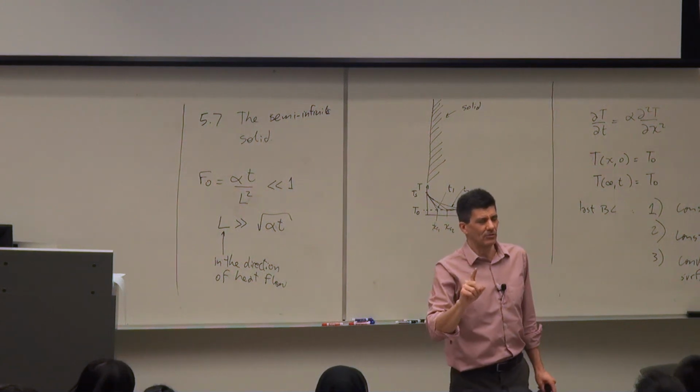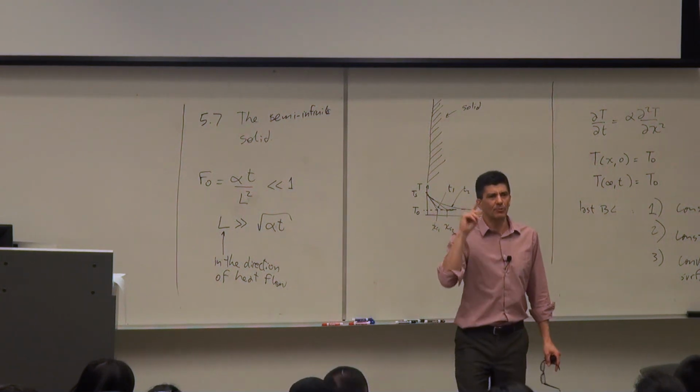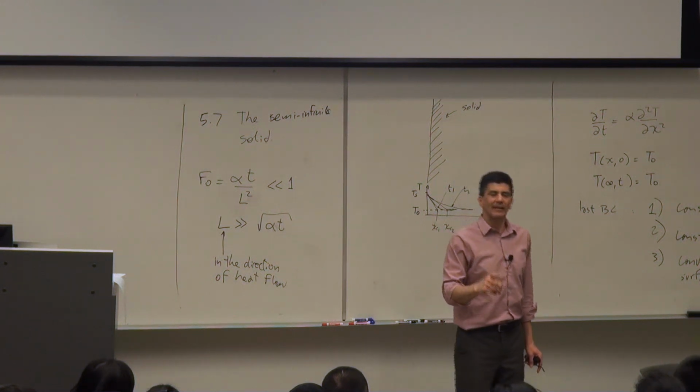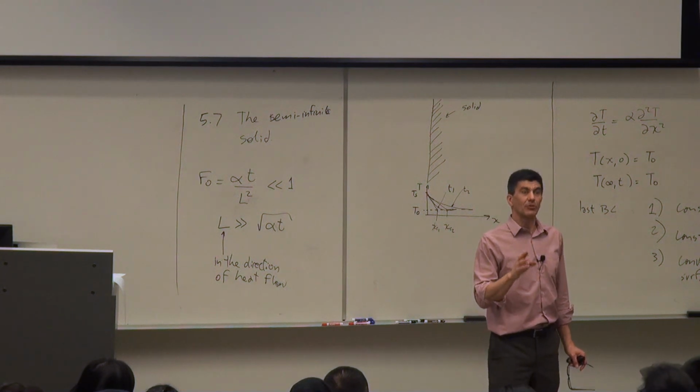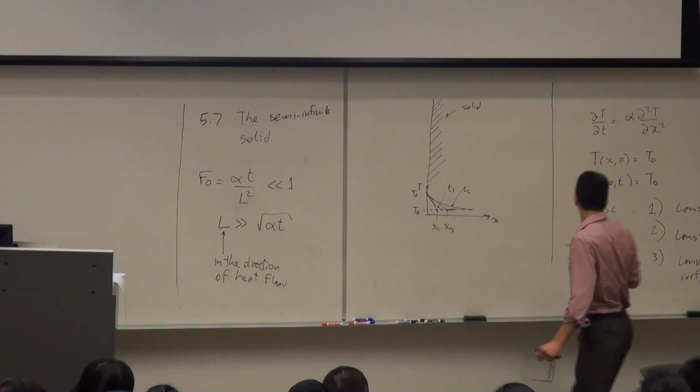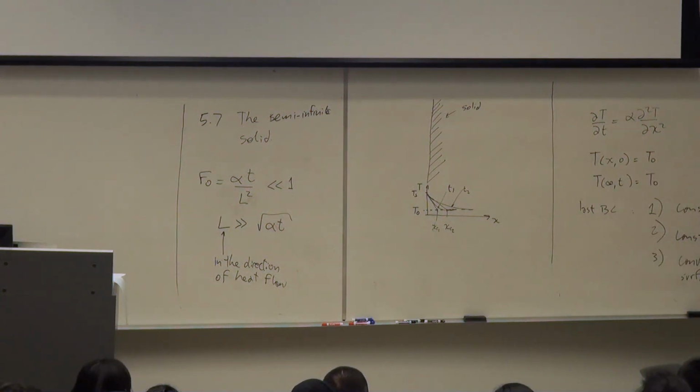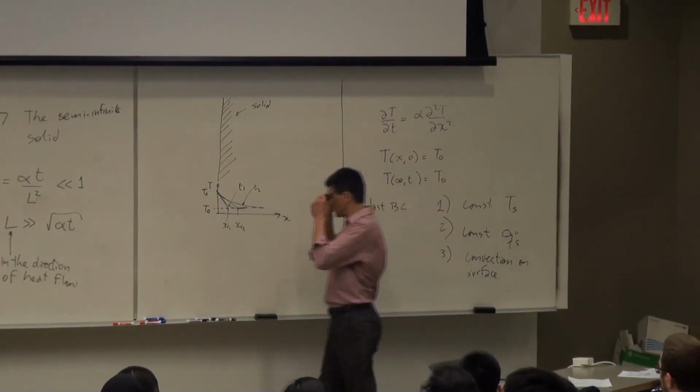But what I'm telling you is that if somebody asks you what is the heat penetration, and they don't tell you the boundary conditions, you still can give them an answer because any one you pick is going to be more or less the same. We're going to get deep into a constant surface temperature one because it's the easiest. But the other ones, from the point of view of heat penetration, are more or less the same.